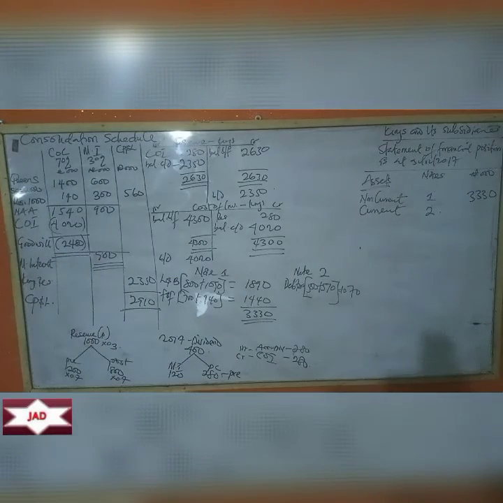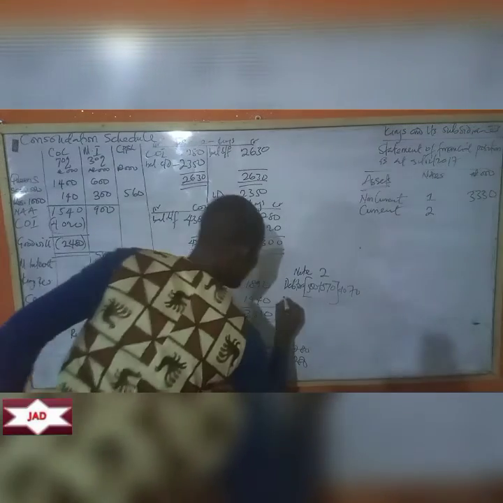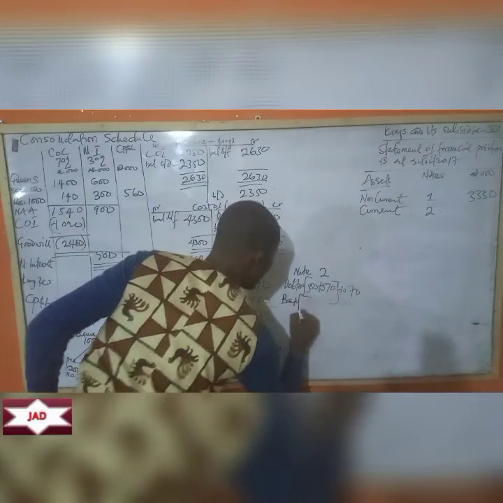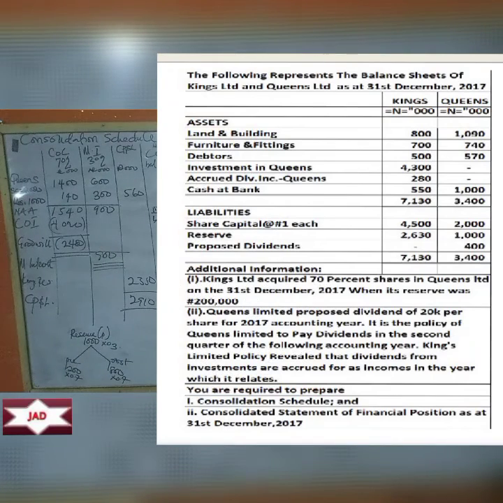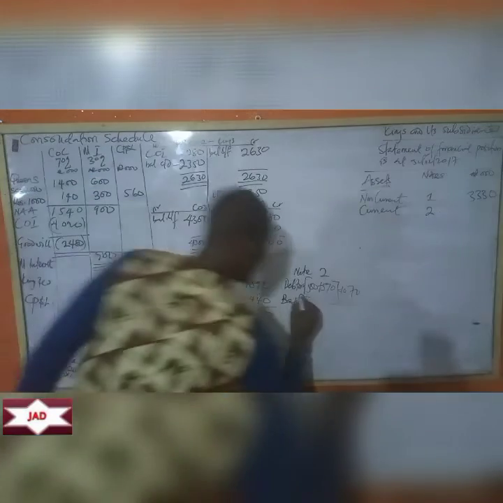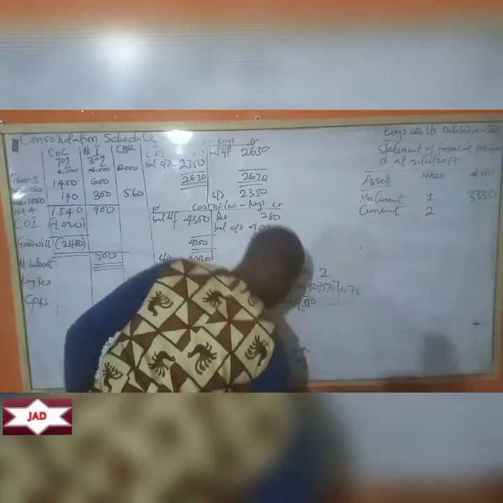So we now have bank. So what's the bank there? 550 million. Excuse me.